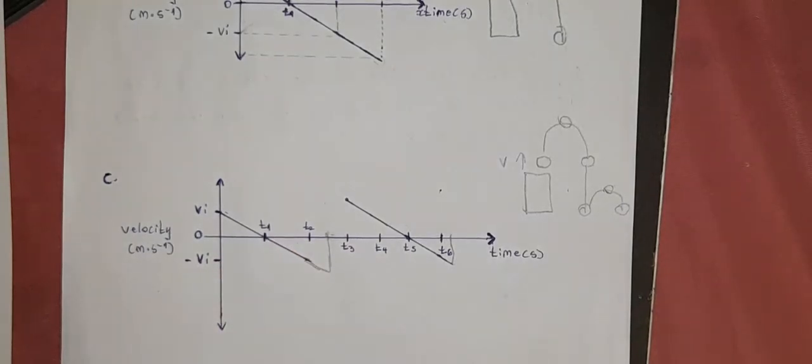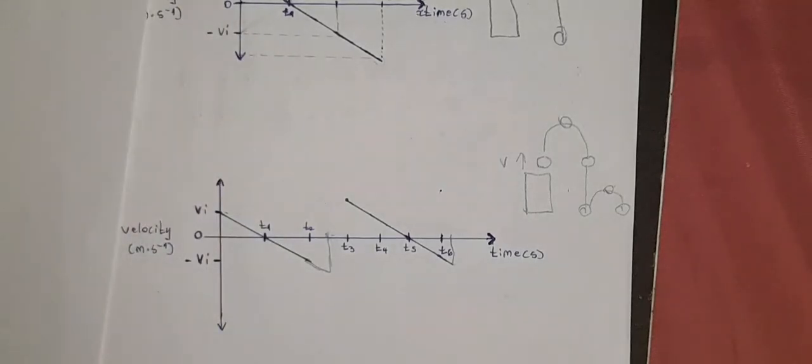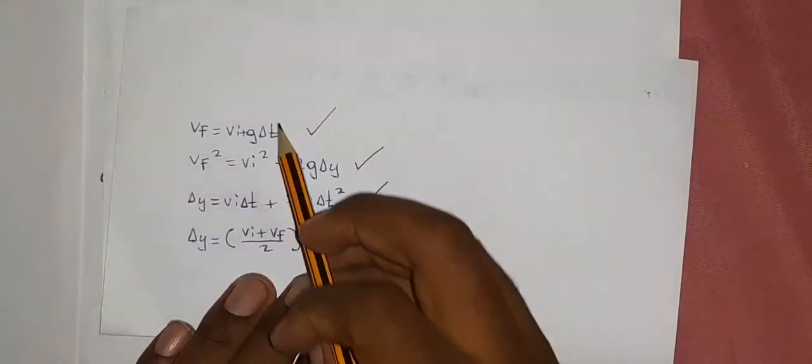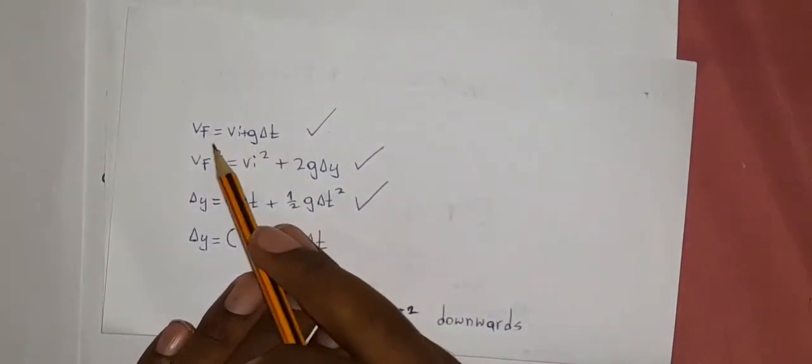If you remember very well, in my first video of projectile, I introduced some formulas. Let me look for them. In that, there is a formula which states that Vf is equal to, let me show you, it's here. So it's a velocity time graph.